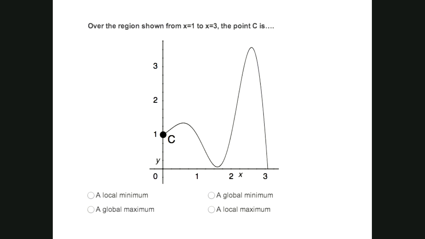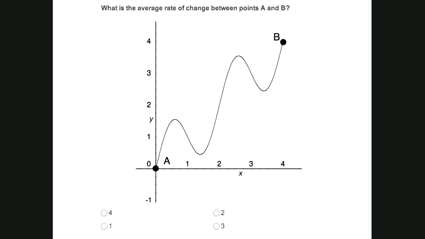On this problem, it should say x equals 0 to 3. The point C is a local min because it's lower than any point around it, but it is not the lowest point on the graph. So that's the difference between local and absolutes.